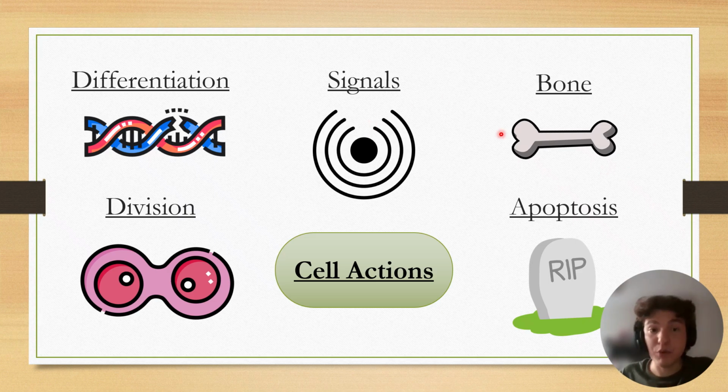We have bone resorption or creation, which basically is osteoclasts absorbing unhealthy bone and osteoblasts creating new healthy bone. And finally, we have apoptosis, which is the biological terminology for saying that cells die depending on the signals surrounding them.